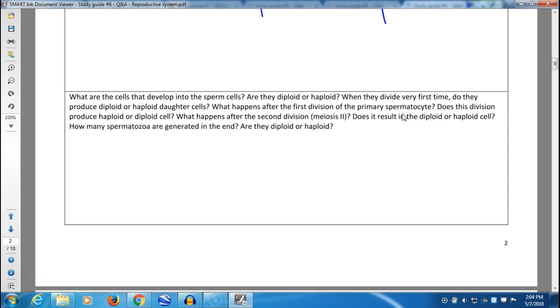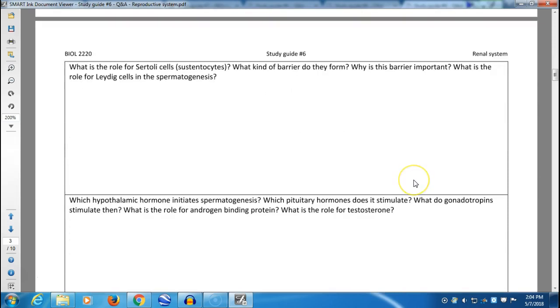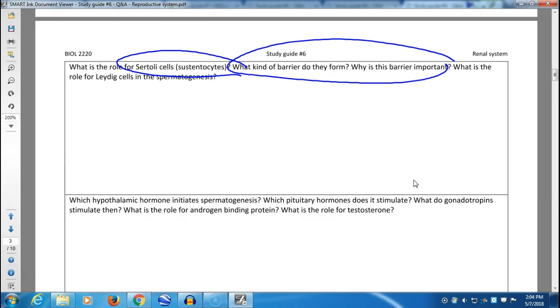Are we clear? So they are produced in the seminiferous tubules. Sertoli cells direct the development and form the barrier between the blood and the testes, basically, so there is no exposure of the immune system and it doesn't develop an autoimmune reaction to the sperm.